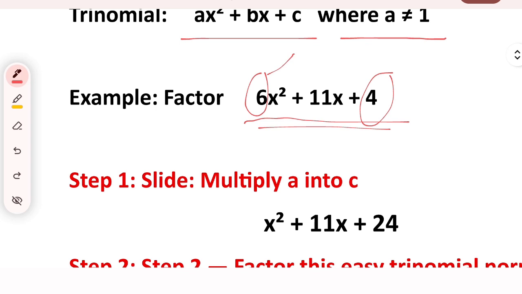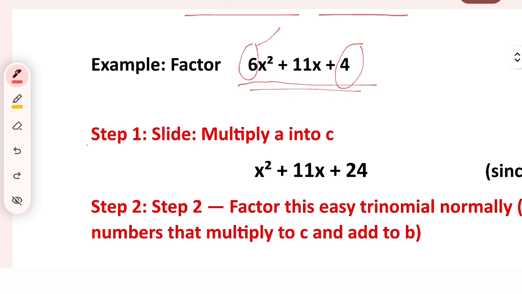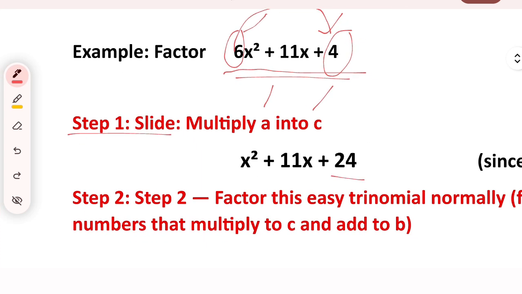So here's my strategy. Step 1 is to slide. What I mean by slide is you slide the coefficient a to c. You multiply a by c. That means you slide 6 going to 4 and it becomes 24.